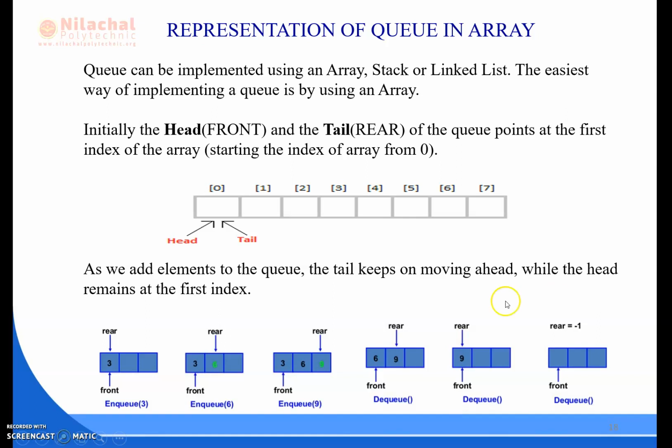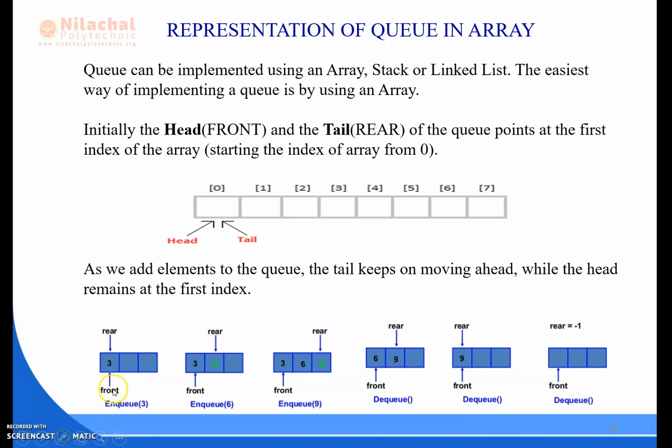Here is an example of an array in which the first element is inserted from the rear part and stored at the head part. So when we enqueue one element, the head and tail will be at the same location.